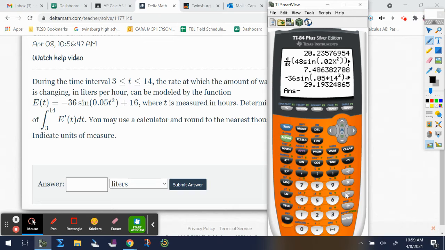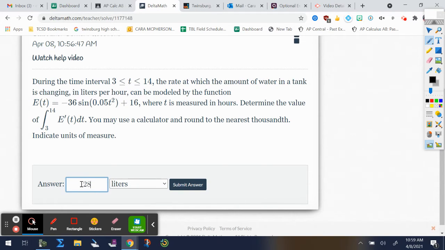So minus, I'm just going to put all of it in parentheses just to make sure it's all there, negative 36 sine of 0.05 times 3 squared, because I'm replacing that variable with 3, plus 16. So that's top minus bottom. So I get 28.852. So we'll type that in first, then we'll talk units.